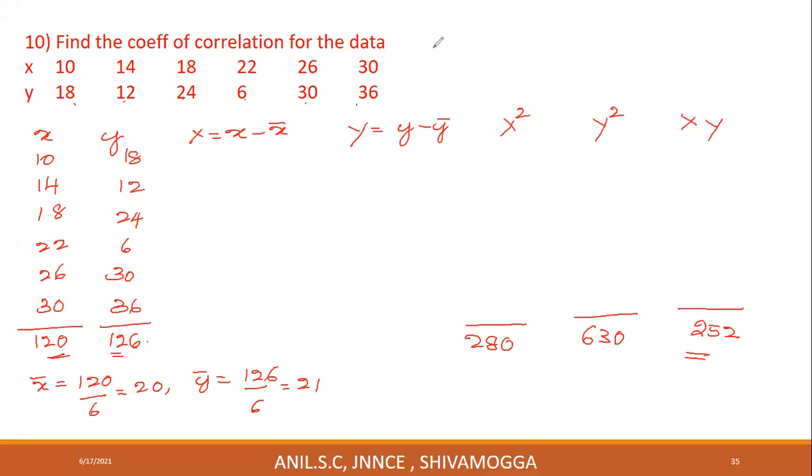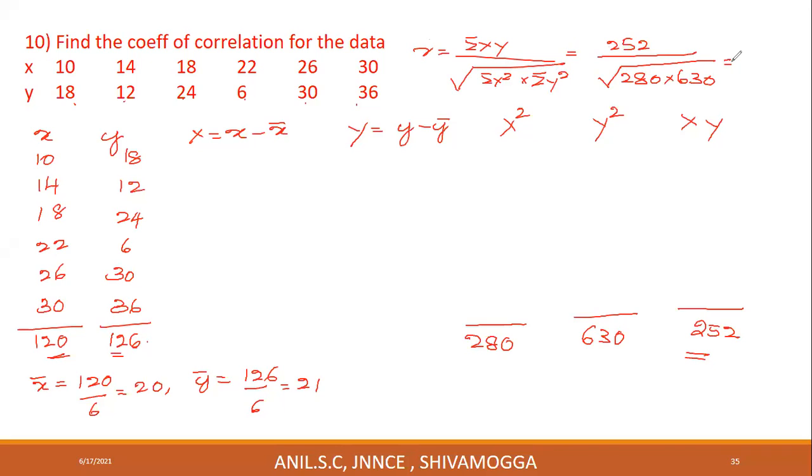And r is given by summation xy divided by square root of summation x square into summation y square. Just substitute summation xy 252 divided by square root of summation x square is 280 and the summation y square is 630.